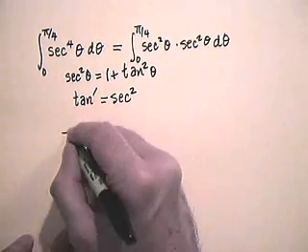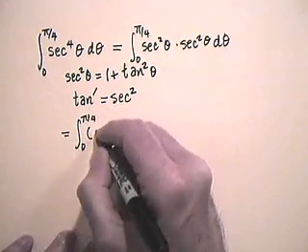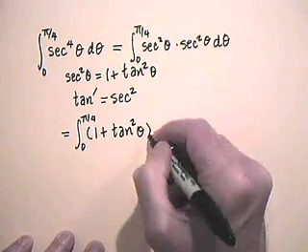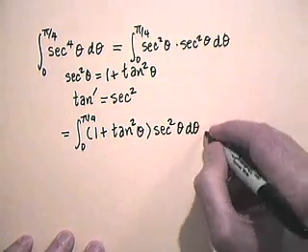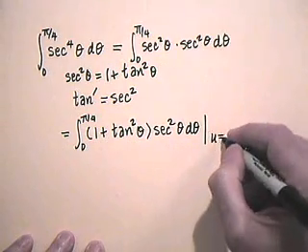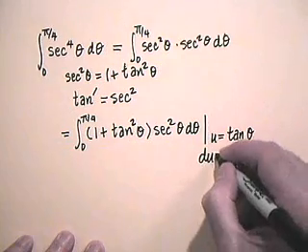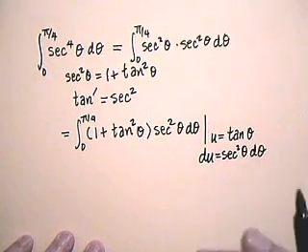So consequently we have the integral 0 to pi over 4, 1 plus tangent squared theta times secant squared theta d theta. We'll substitute u equals tan theta. Then du is the secant squared theta d theta.